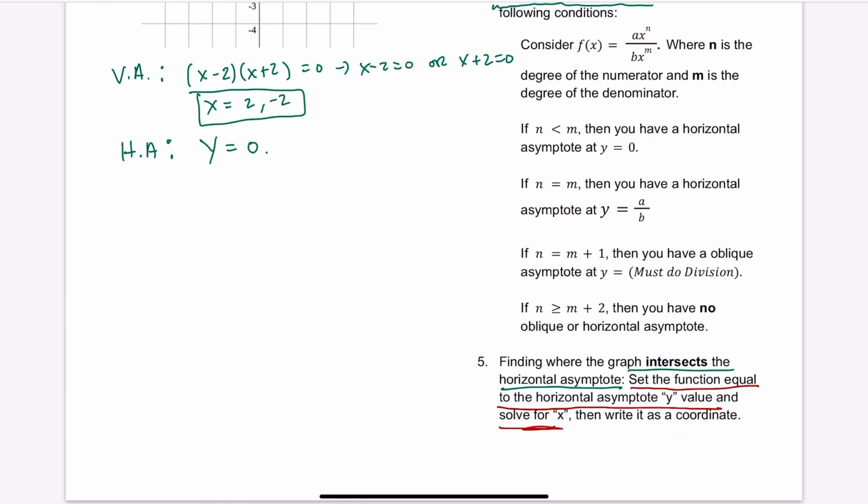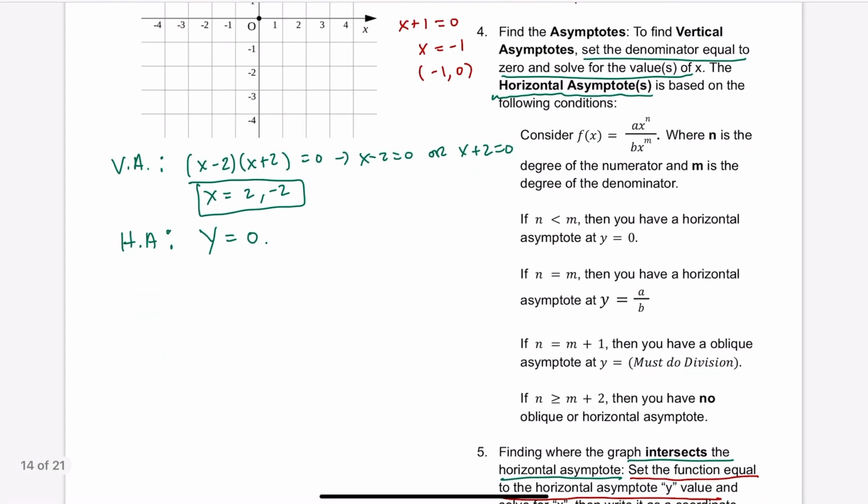So, I'm going to just do that. So take my function. In this case, it was of notation R(x). So for where the graph intersects, sorry for the sloppy writing, the horizontal asymptote.